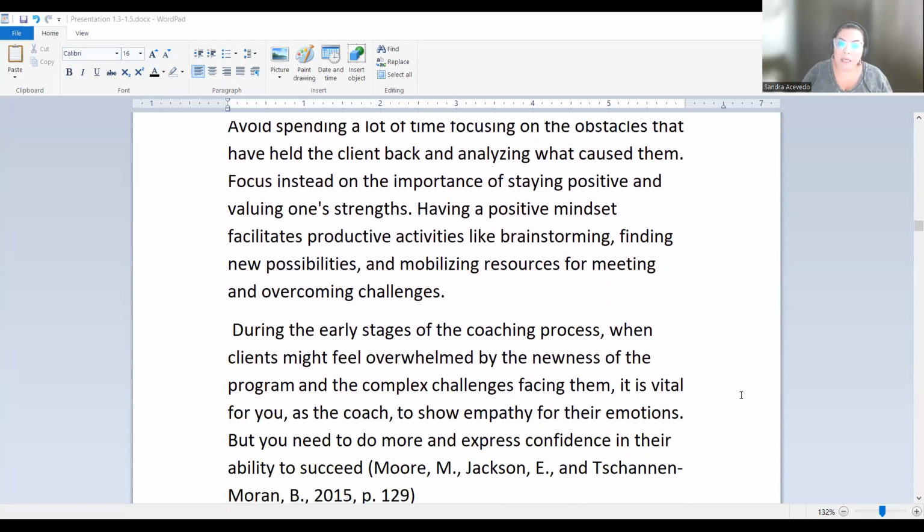Avoid spending a lot of time focusing on the obstacles that have held the client back and analyzing what caused them. Focus instead on the importance of staying positive and valuing one's strengths. Having a positive mindset facilitates productive activities like brainstorming, finding new possibilities, and mobilizing resources for meeting and overcoming challenges.